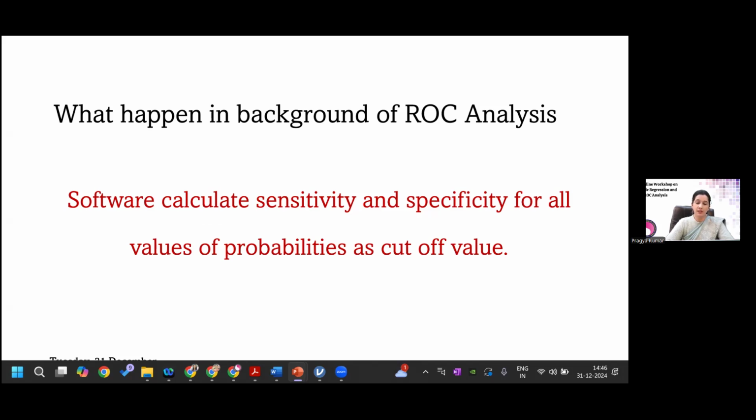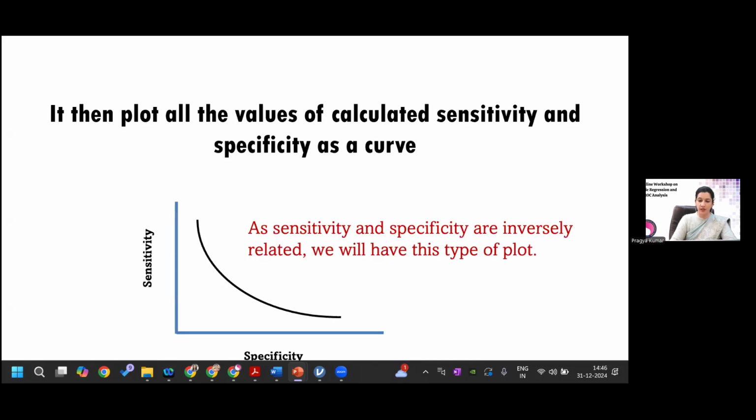This software calculates the sensitivity and specificity for all values of probability as cutoff, like 0.3, 0.4, 0.5, and then you can decide for a particular one. Now if you plot only the sensitivity and specificity for all cutoff points, the graph is something like this.